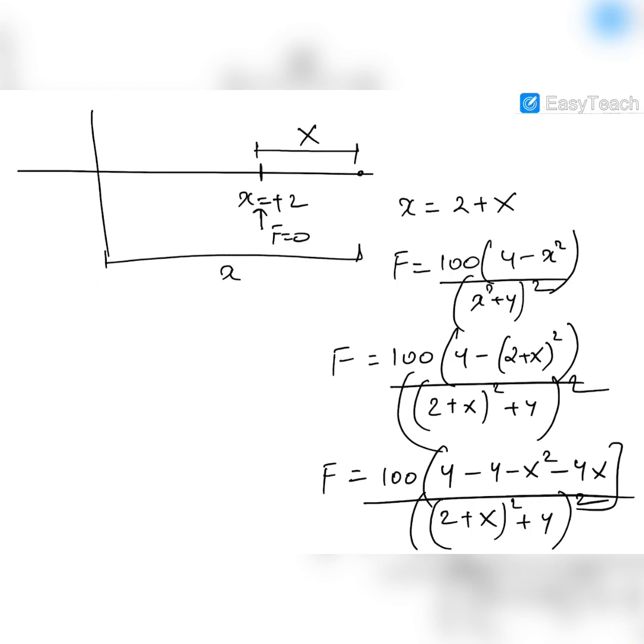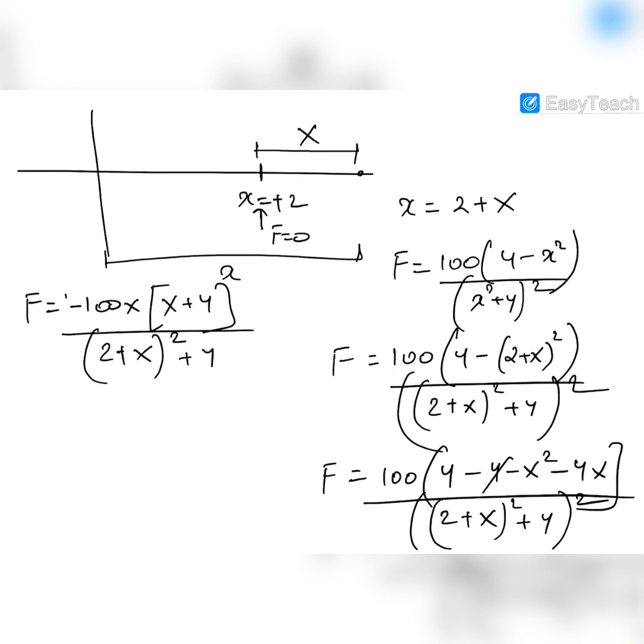You can see that this 4 is cancelled, so F will be equal to 400. In fact, you can take minus common, so it would be minus 100 into X, and this is X plus 4, divided by 2 plus X whole square plus 4.